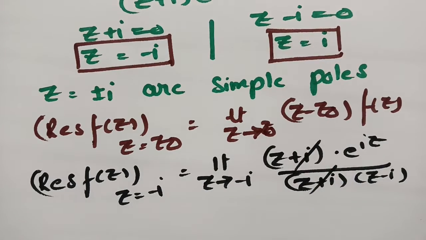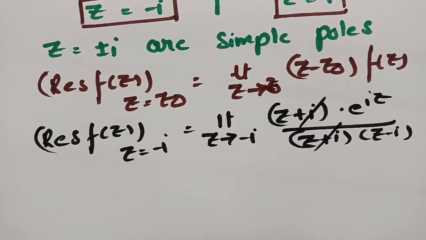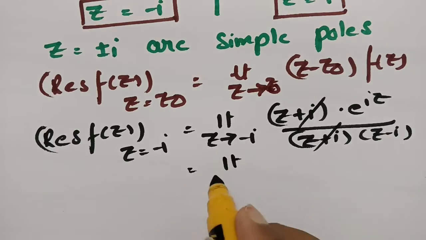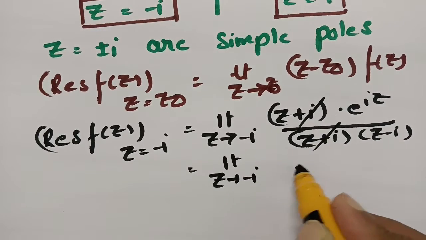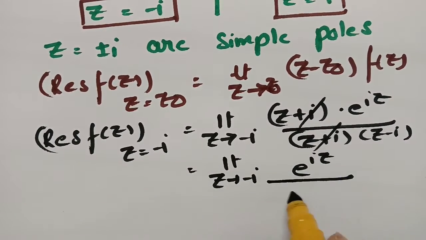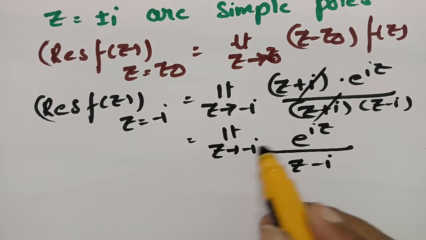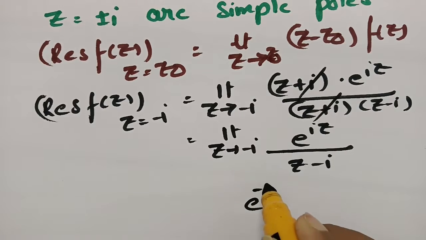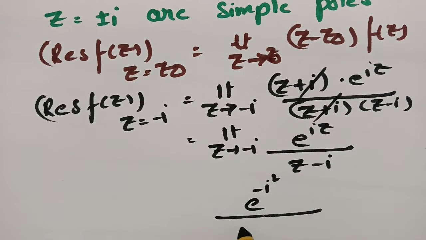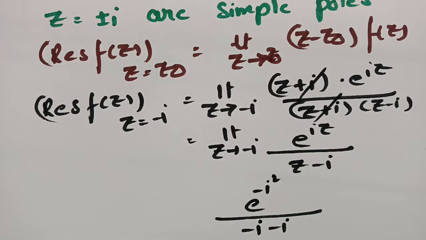After cancelling these two, I am substituting z as minus i into e power iz by z minus i. After substituting z as minus i, this will be e power minus i square by minus i, minus i.